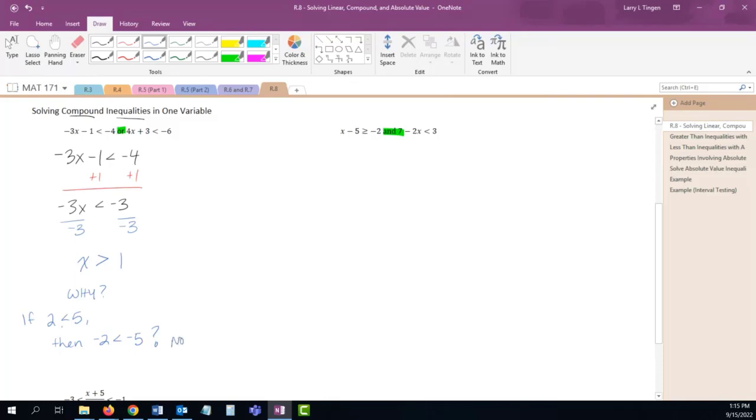What happens? If I change the signs on both of them, what has occurred? Well, 5 is larger than 2, right? When I make them both negative, or when I change the sign of both numbers, -5 is smaller than -2.